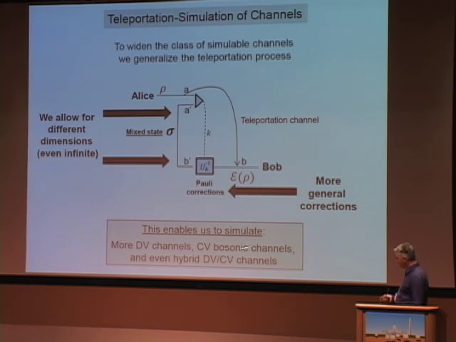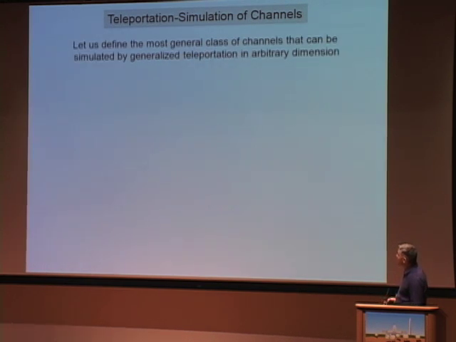You may also simulate continuous variable channels, and even hybrid channels between discrete variable and continuous variable. So you can really have a much wider class. So let's try to define this class in general, and then explain why it's possible, why it's so big.